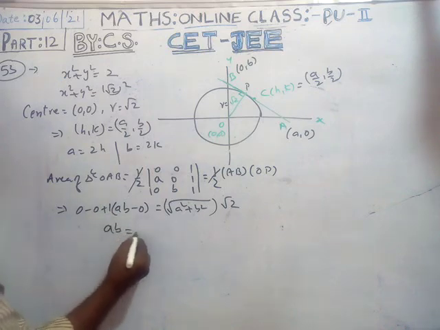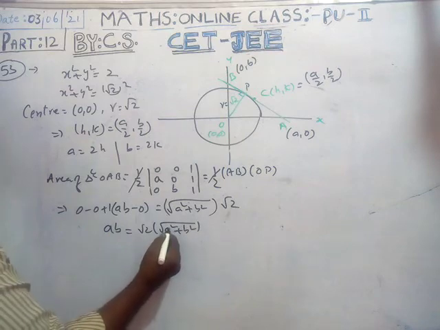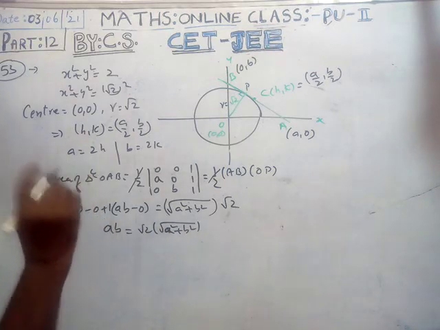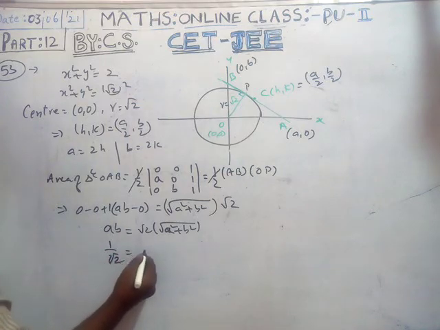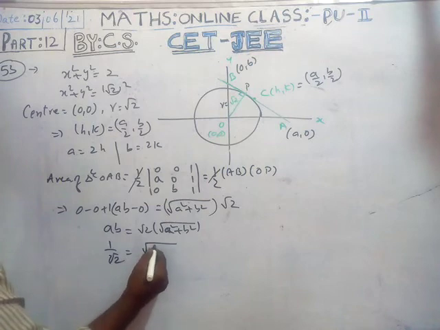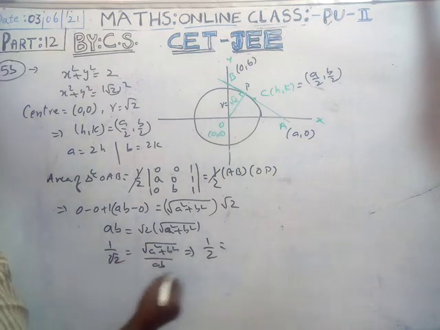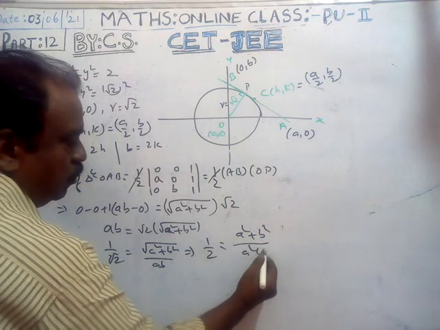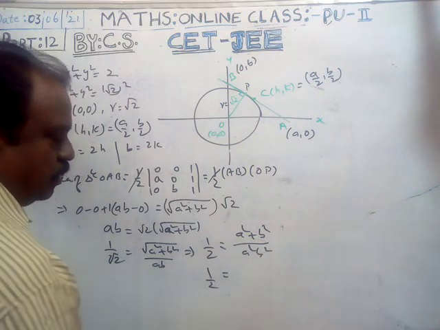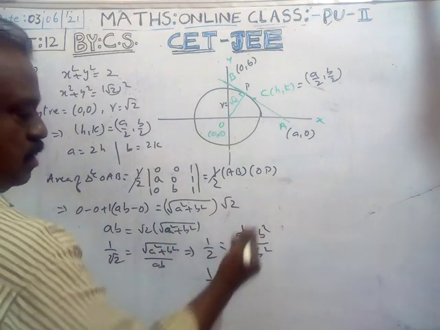So AB is equal to root 2 into root of A square plus B square. Then 1 by root 2 is equal to root of A square plus B square by AB. That is equal to 1 by 2, and squaring, A square plus B square by A square B square is 1 by 2. Now divide it, separate it.